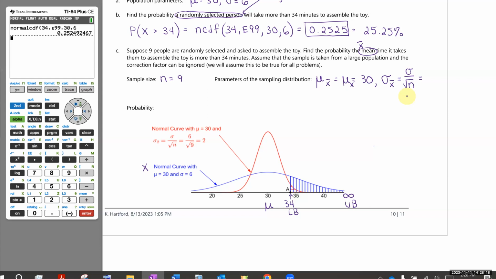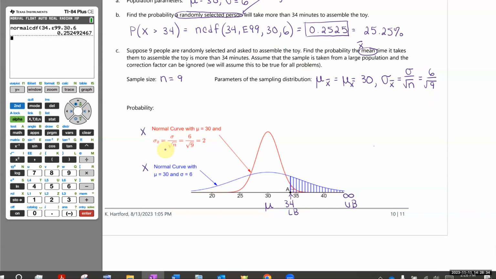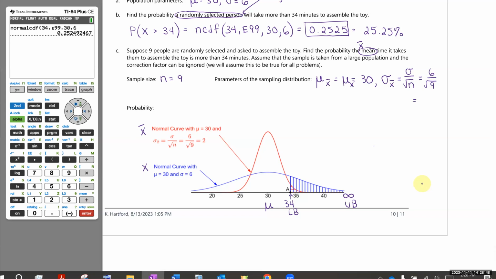So in this case, sigma was 6, just that 6 from the start, and then we're dividing that by the square root of n, which is 9. So I'm going to make a note down here that my red graph is my X bar graph, my distribution of sample means. And 6 over the square root of 9 is 2, because the square root of 9 is 3.